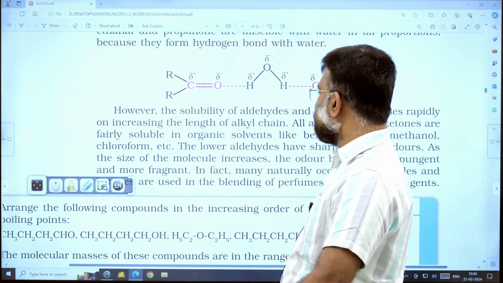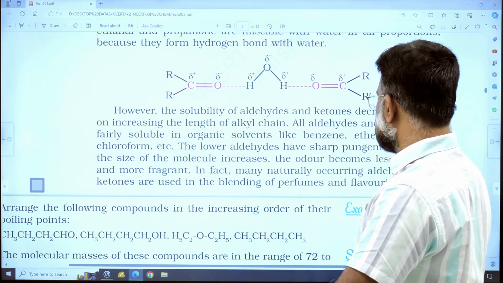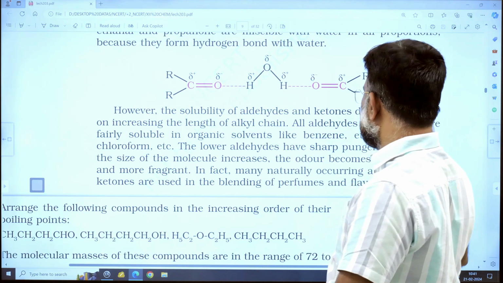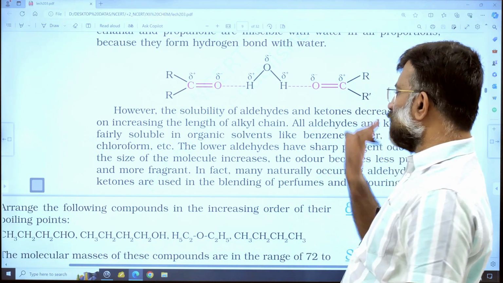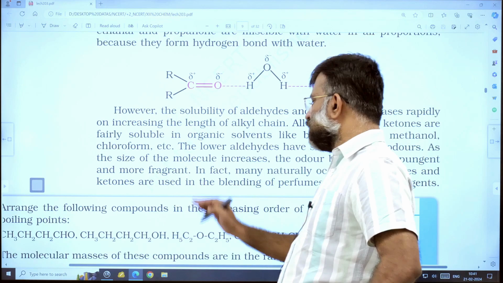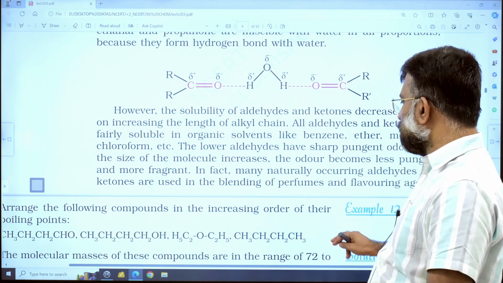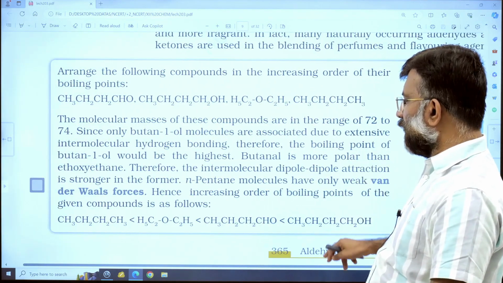They dissolve in benzene, ether, methanol, chloroform, etc. Lower aldehydes have a sharp, pungent odor, but as the molecular mass increases, the pungent character decreases and becomes more fragrant, and hence they are used in blending with perfumes and flavoring agents.